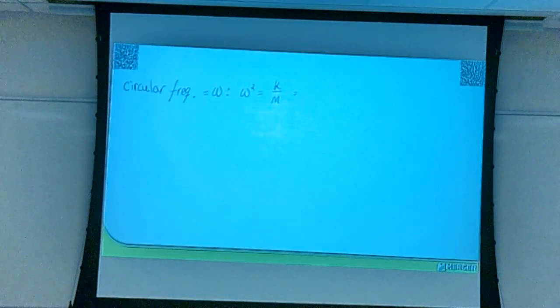Spring constant was 10 Newtons per meter. Mass was 2 kilograms. So we're going to have omega squared being 5, and what is that? Newtons per meter per kilogram.